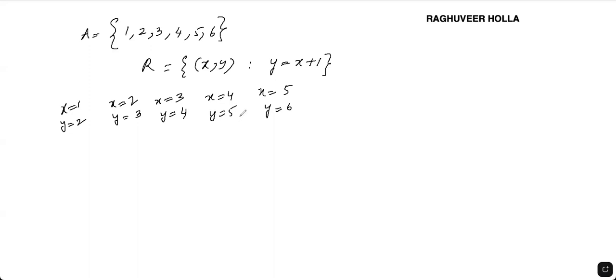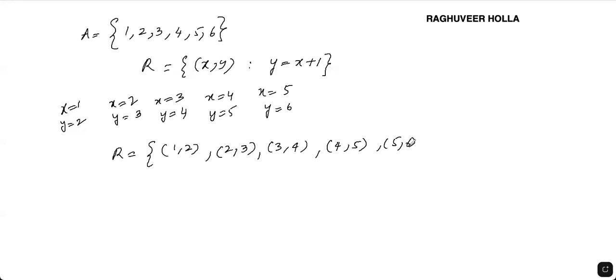So these are the relations which we get. R is then 1 comma 2, 2 comma 3, 3 comma 4, 4 comma 5, and 5 comma 6.